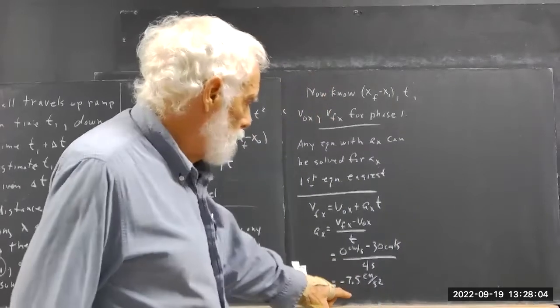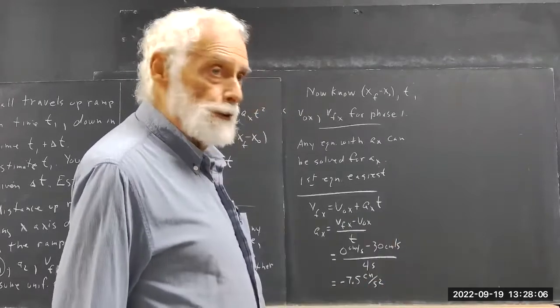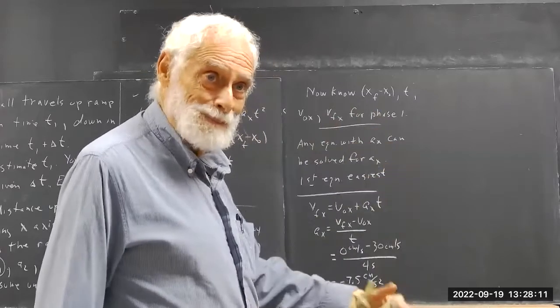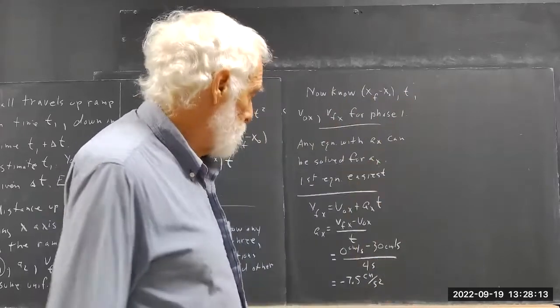It's negative 7.5 centimeters per second squared. Centimeters over second times reciprocal seconds is centimeters over second squared.